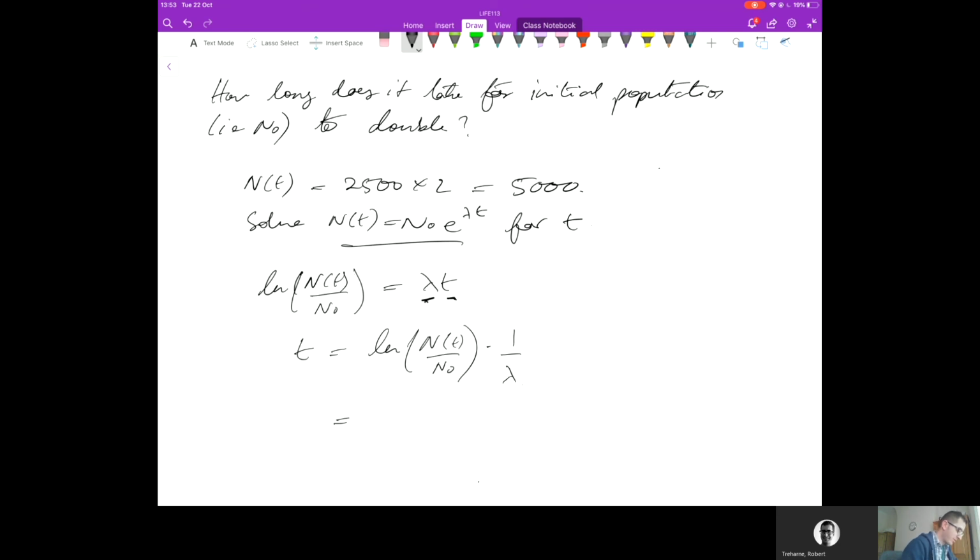Nt over N0 is the ratio of the population at time t to the population at time 0. It's doubling, so it's 2. So ln of 2 divided by 0.0663 gives me a value of 10.45 years, or 10.5 years to 3 sig fig.